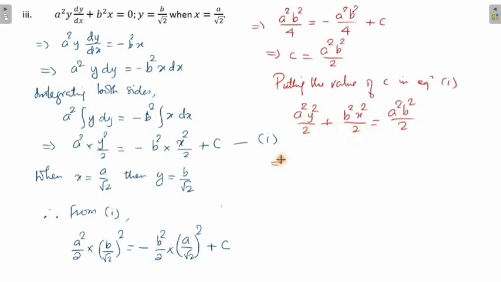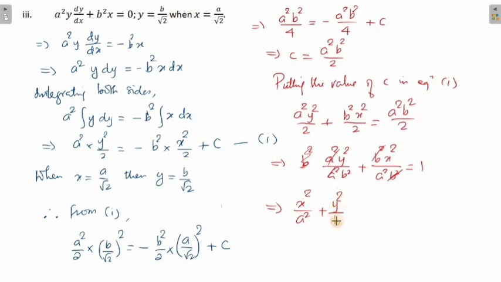Bring this a squared b squared to the denominator. You get a squared y squared by a squared b squared plus b squared x squared by a squared b squared equals 1, where b squared gets cancelled, a squared gets cancelled, and if you simplify this you get x squared by a squared plus y squared by b squared equals 1.